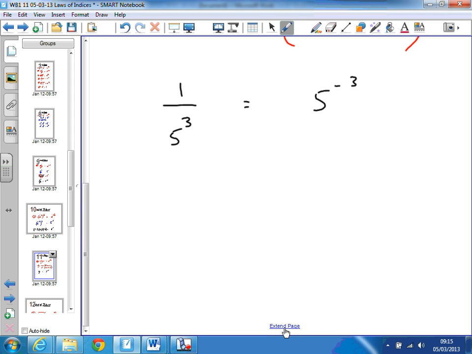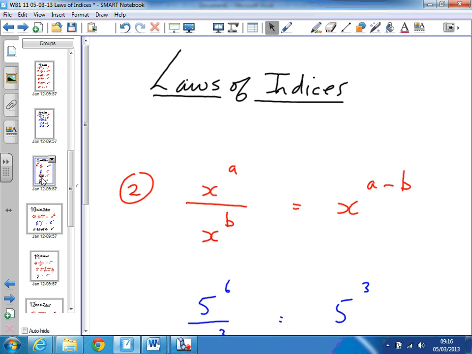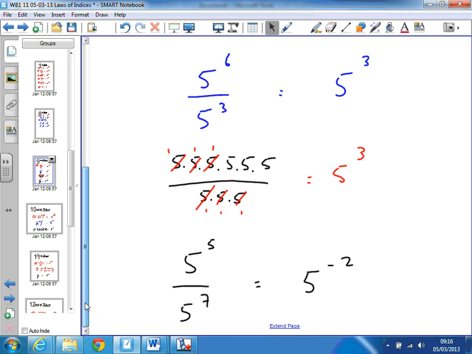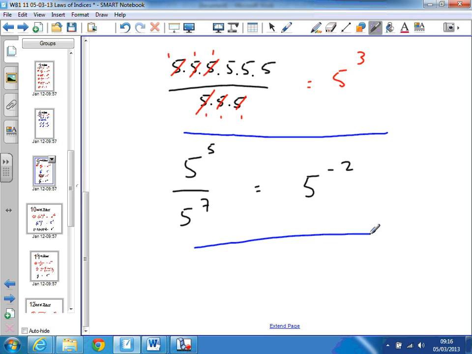And so on. And again, it's not that difficult to see where that comes from, because if you look back at the example we've already looked at to do with this negative power here, what's another way of writing this one? 5 of the 5s on the top are going to cancel with 5 of the 5s on the bottom, leaving just 2 on the bottom.